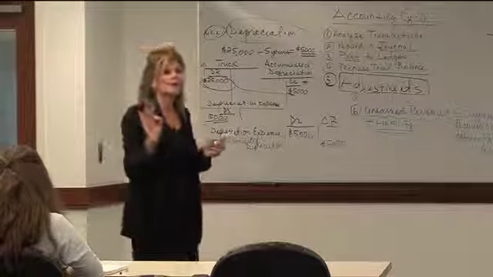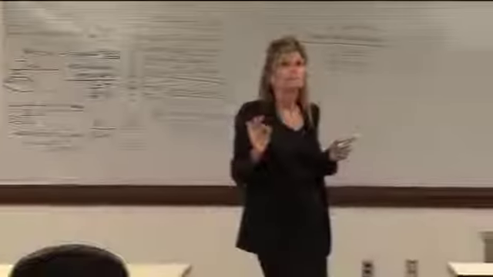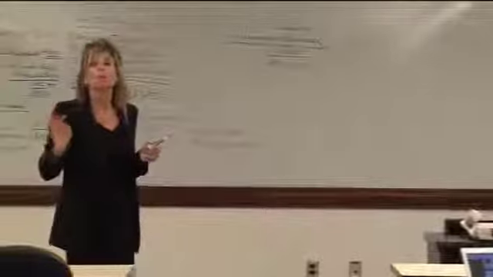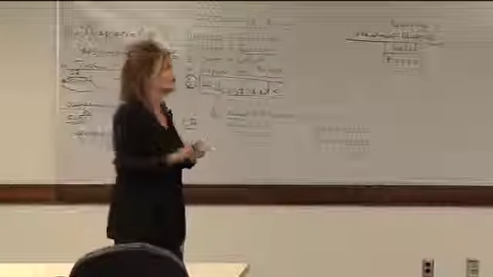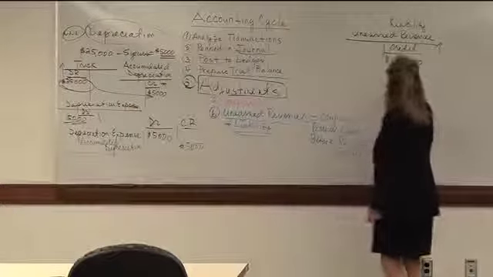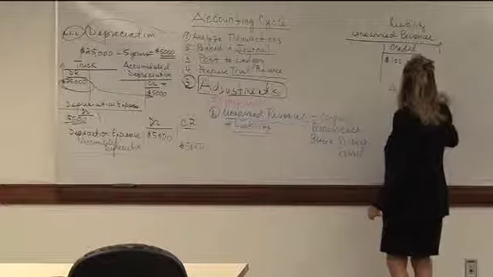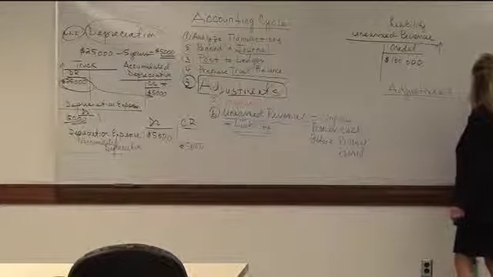So every time the Yankees play a game, a portion of that $100,000 will no longer be unearned, it will become earned. All right, so after they play the first game, we will record an adjustment for the revenue that we've earned.